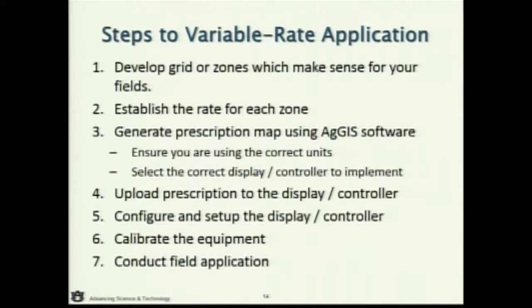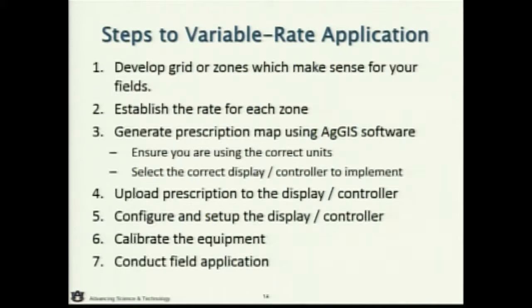So if I'm using the John Deere 2630 behind me, most of these softwares would have a suite, say John Deere. You can give the display, so when you take that thumb drive out to the tractor or sprayer or whatever that might be, it works for that particular piece of equipment. So those are two important things: the units and the fact that the prescription map is built for the very particular display that's in that equipment.